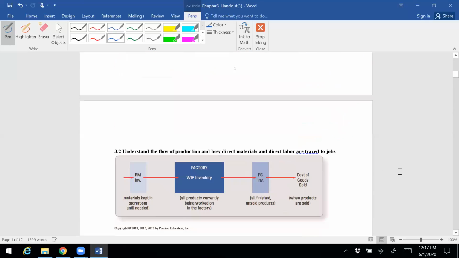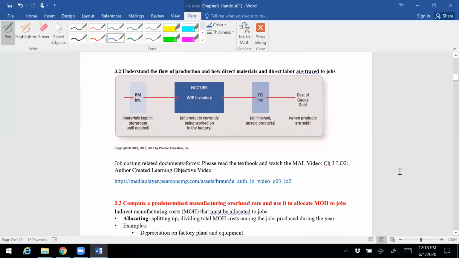Okay, so that's the first learning objective. The second learning objective is to make sure you know the flow of the production and how different methods and direct costs are traced. We said for direct material and direct labor, we trace them to each specific job. Let's say you are designing a customer house for a specific customer, so we have to do job costing.